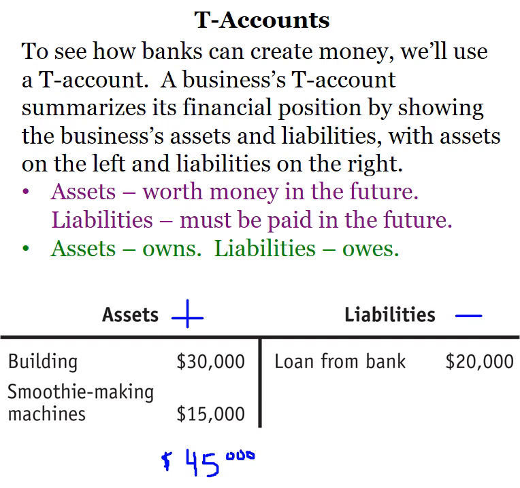So we have $45,000 positive minus 20,000, so the net worth would be $25,000. So this business is doing just fine. They have a positive net worth. All you do is add up assets, subtract liabilities.